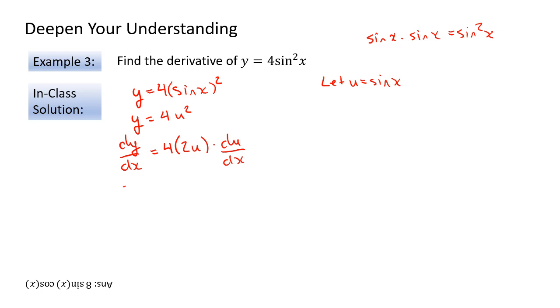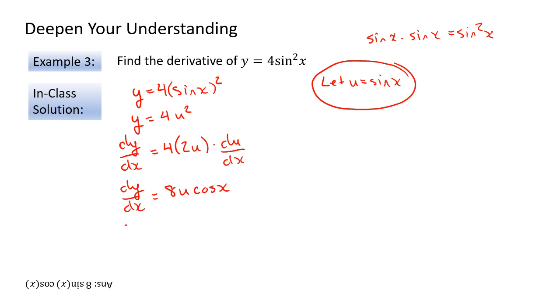So if you do that, dy by dx equals 4 times 2 is 8, so 8u, multiplied by du by dx. And the function u is simply sine x. The derivative of sine x is simply cosine x. Okay?